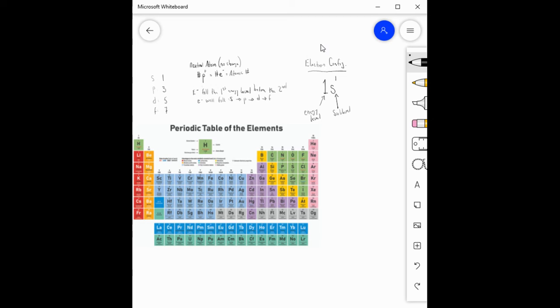Energy level, remember, that's N. The sublevel is going to be the S, P, D, or F. And this number up here, this superscript, is the number of electrons. All right, so this is how we write it: the energy level, the orbital, and then the number of electrons.